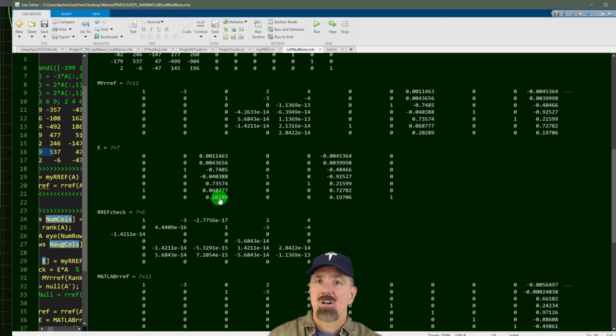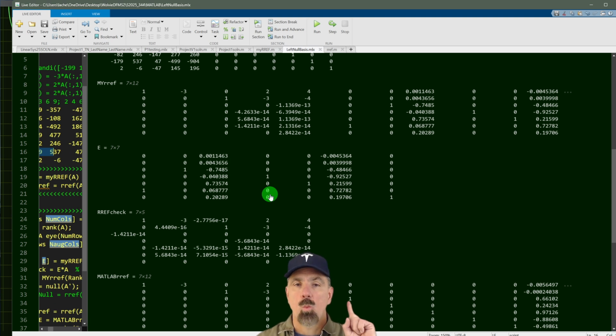If we start at the bottom and count up 5 vectors, those 5 vectors are the basis for the left null space. And you can tell just by looking at the locations of the ones that they're linearly independent vectors. That's how we can find the left null space with one execution of the RREF.